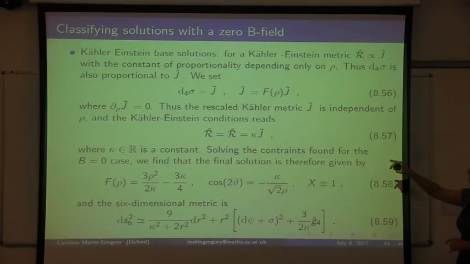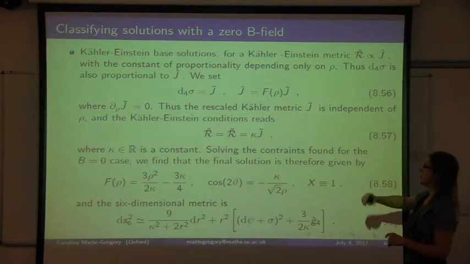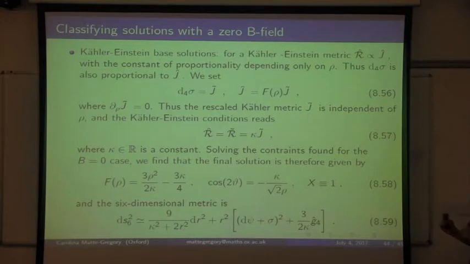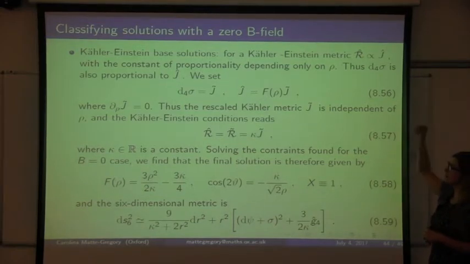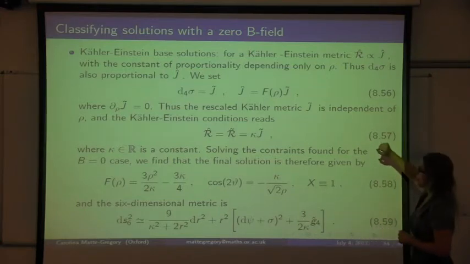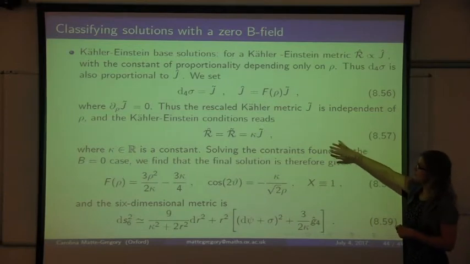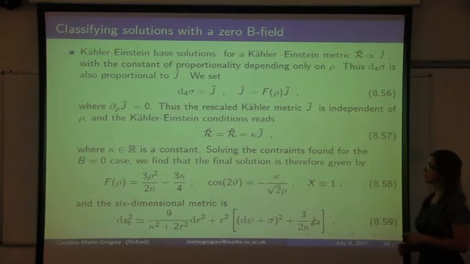Now, it's proportional, so I can just call it a J tilde, so that I can omit any constants. And then I have the same for this J hat in relation to J tilde. Now this will enter the form of the metric here. So you can write your Ricci form as this.